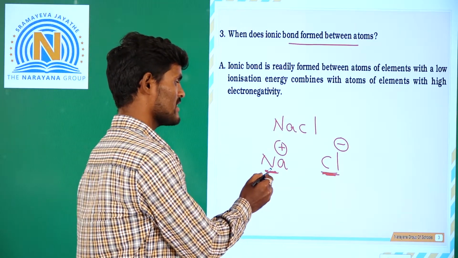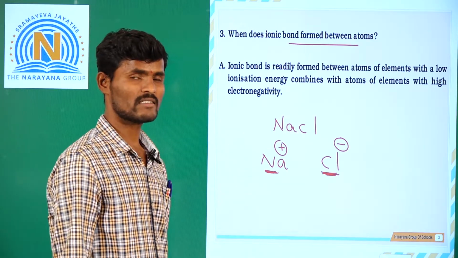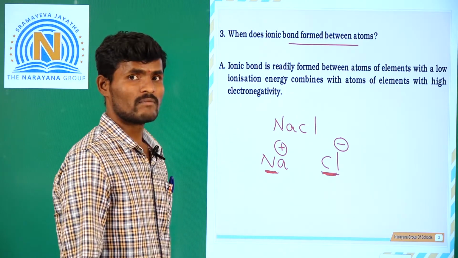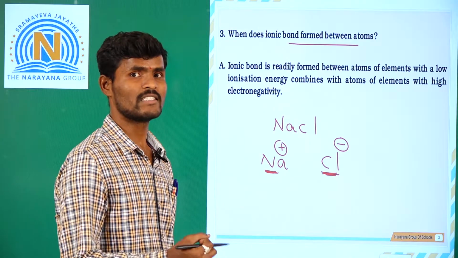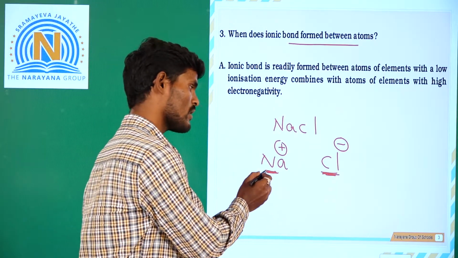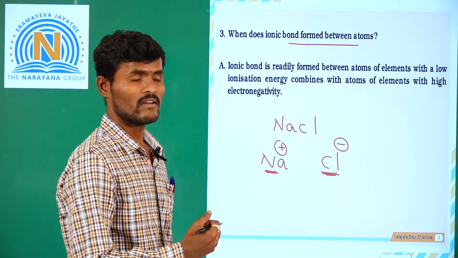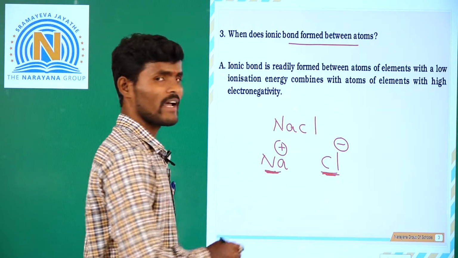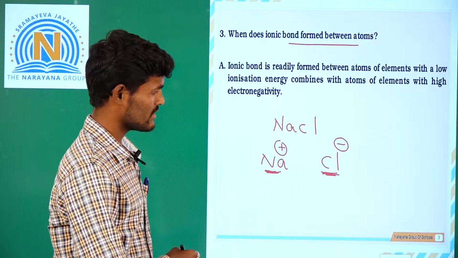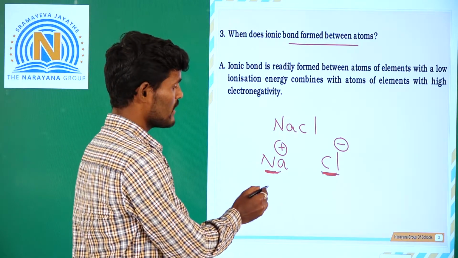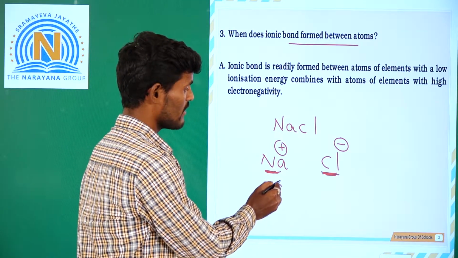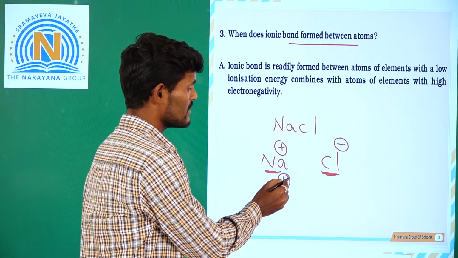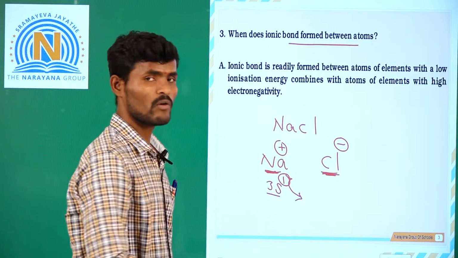Ionization energy is the minimum amount of energy required when we remove an electron from the outermost shell of an atom. So here sodium has one valence electron in the s orbital, so we can easily remove this electron from its outer shell.